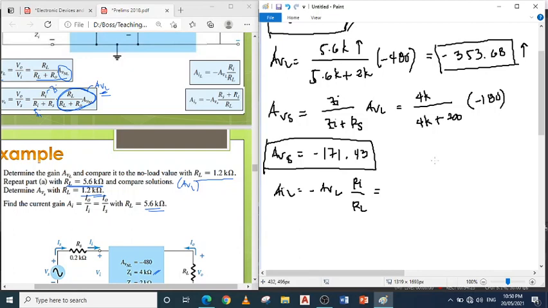Okay? So negative, so I don't know if kailangan bang i-retain yung sign niya or what.